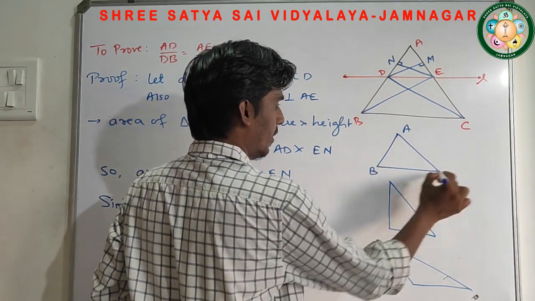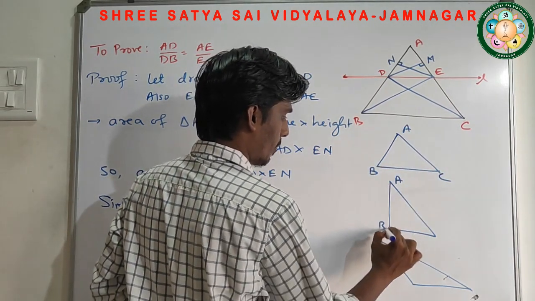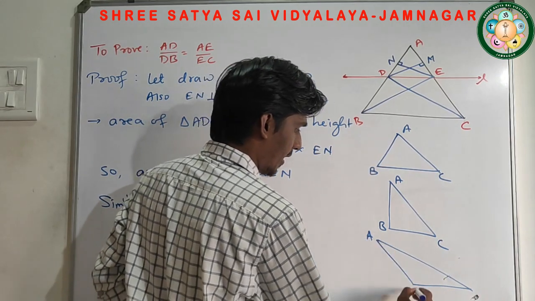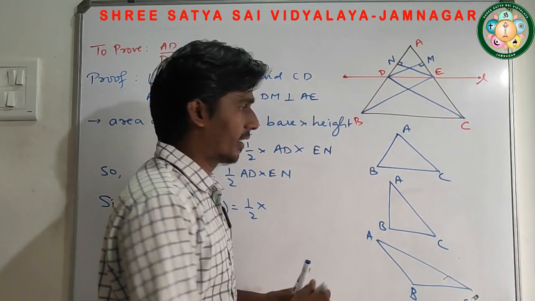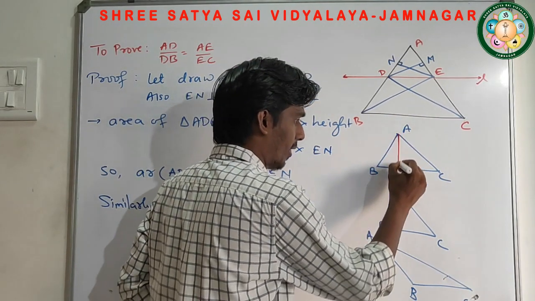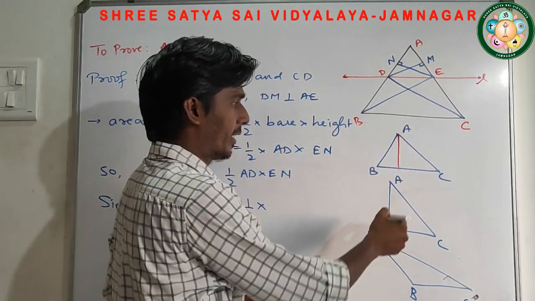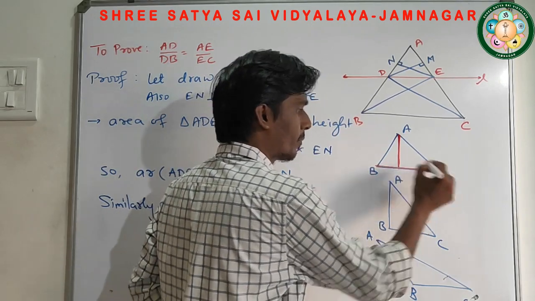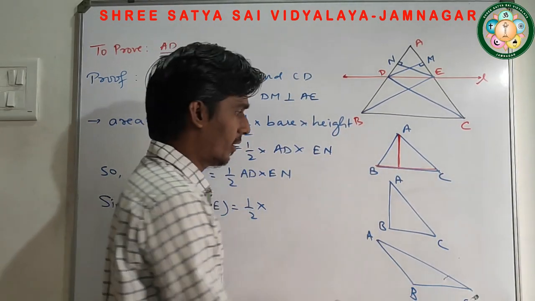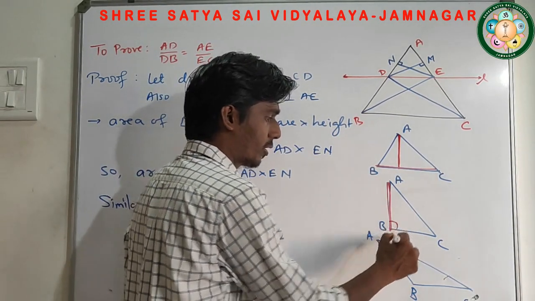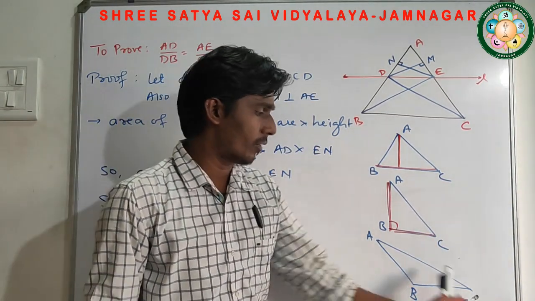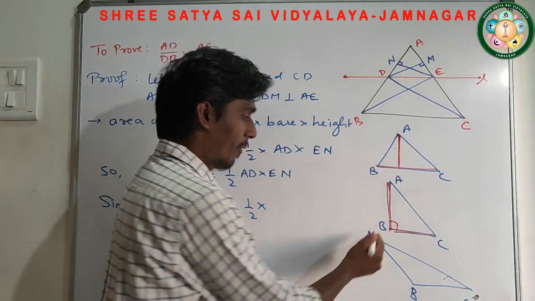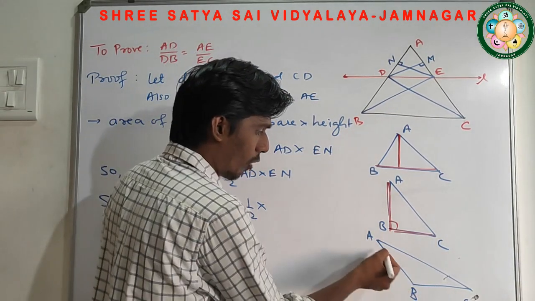A, B, C. For an acute angle triangle, we can draw a perpendicular like this to get the altitude. This is the altitude and this is the base. For a right angle triangle, this is already the altitude because of the 90 degree angle, and this is the base.